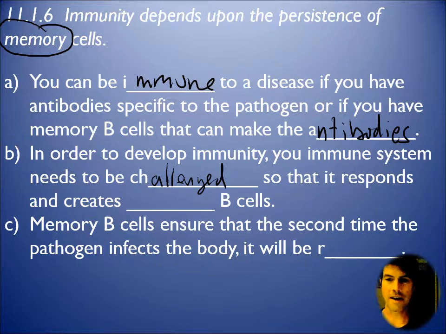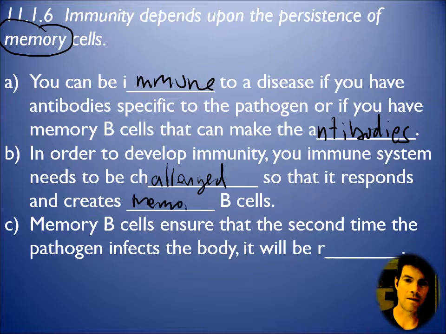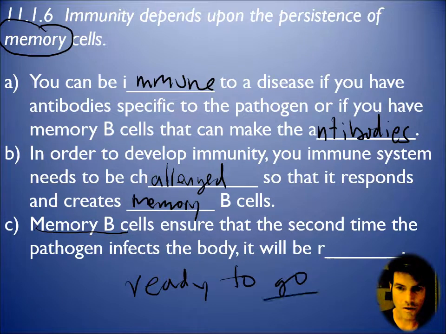And don't worry about vaccinations. If there are 2 or 3 antigens in there, that's nothing compared to what you see on a daily basis. Eventually you can create those memory B cells from being challenged like that. If your body has those memory B cells, you'll be ready to go.